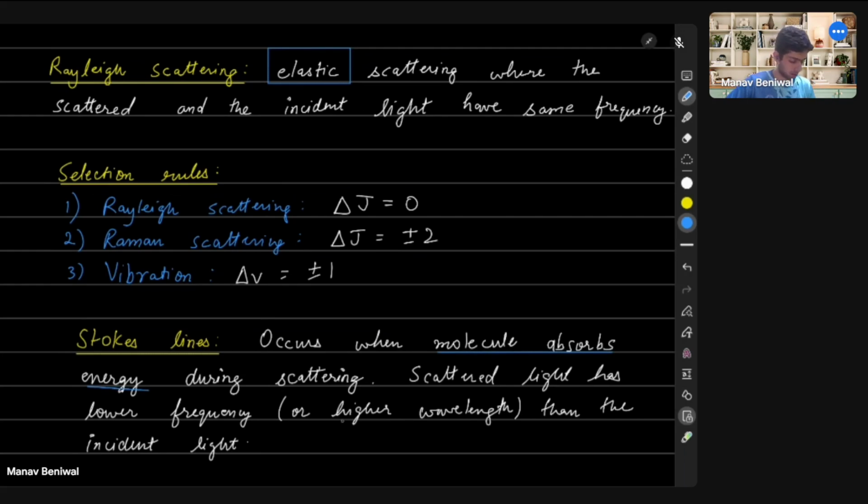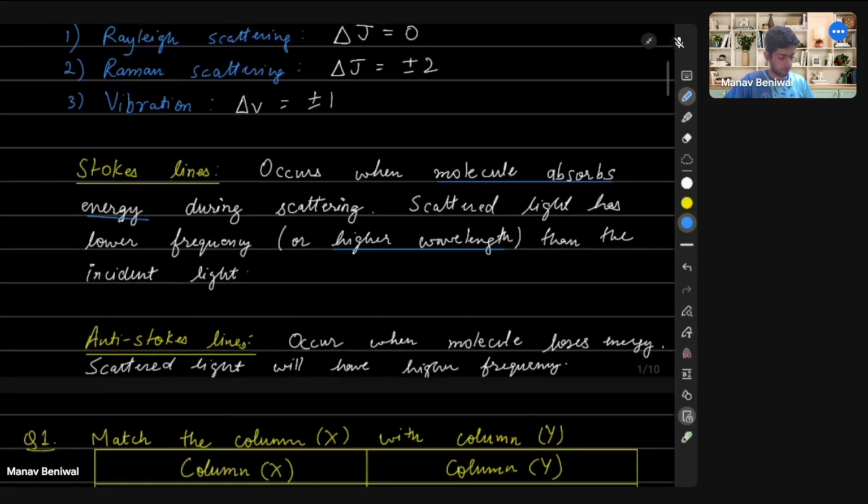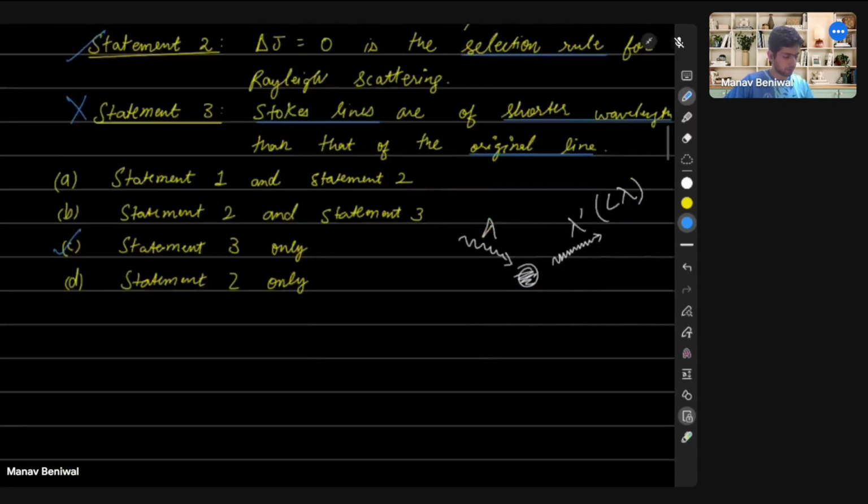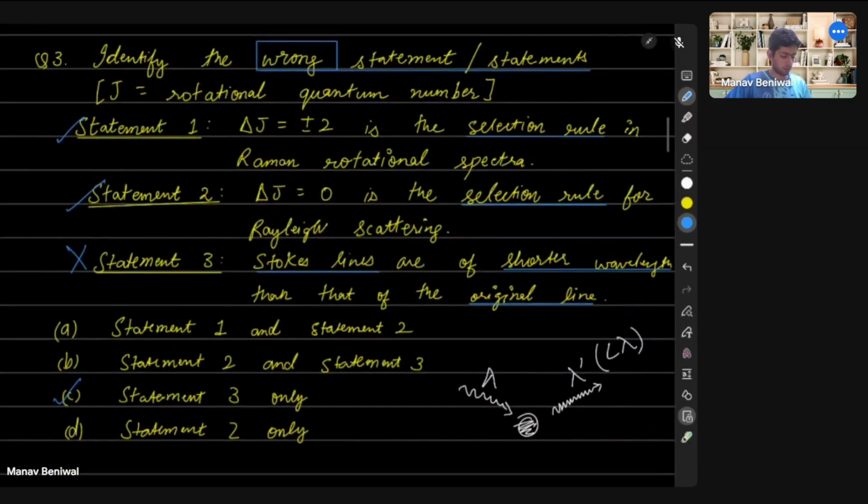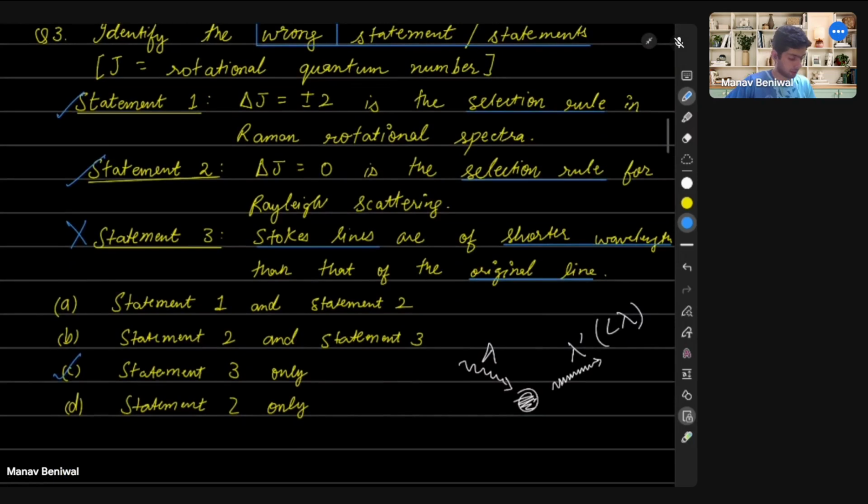And when frequency is less, the Stokes lines have higher wavelength. Okay, Stokes lines have higher wavelength, and this statement is wrong. This statement says that they have shorter wavelength. So for Stokes line, lambda prime is actually greater than lambda.